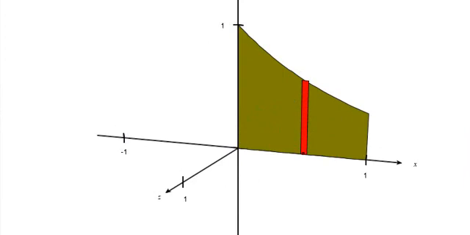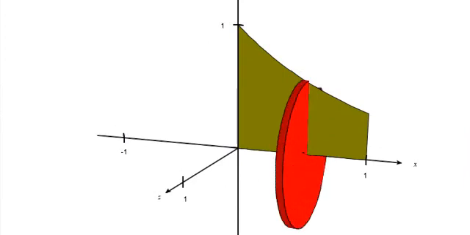What we want to do is take that and wrap it around. The width is my delta x, and the area of this face is going to be pi r squared, but my radius is always from the x-axis to my curve, which is e to the negative x naught, depending on where x naught is.